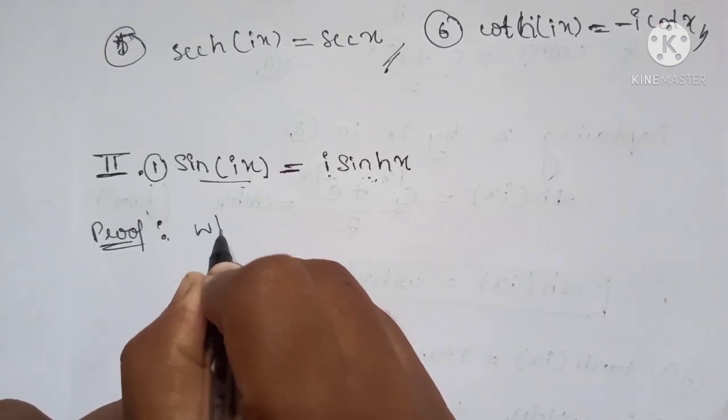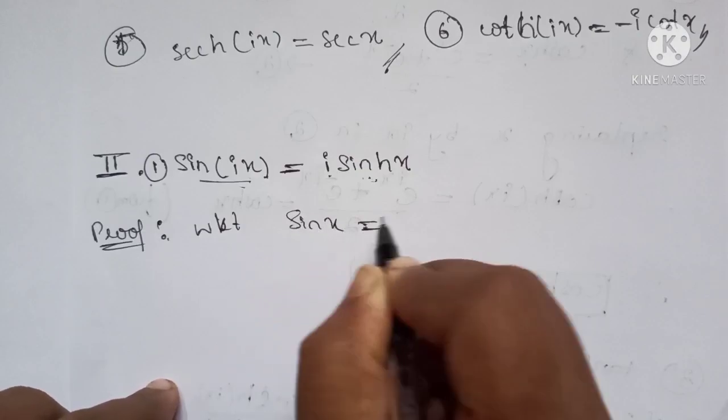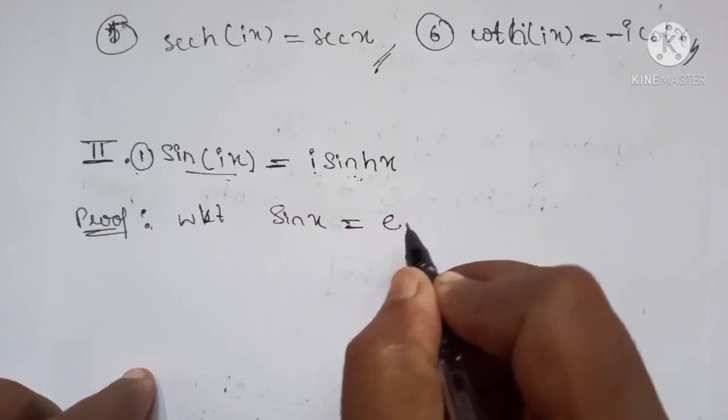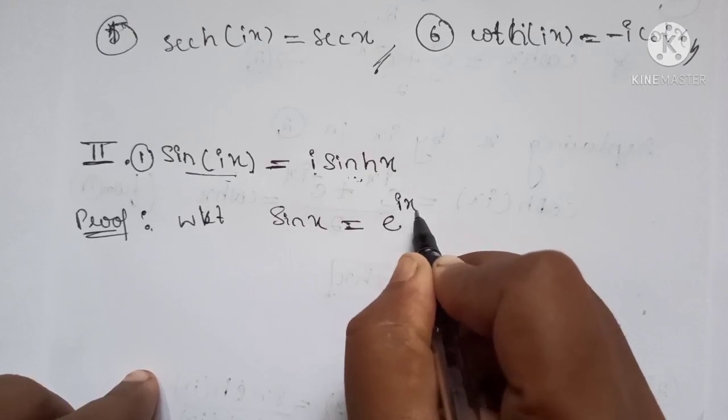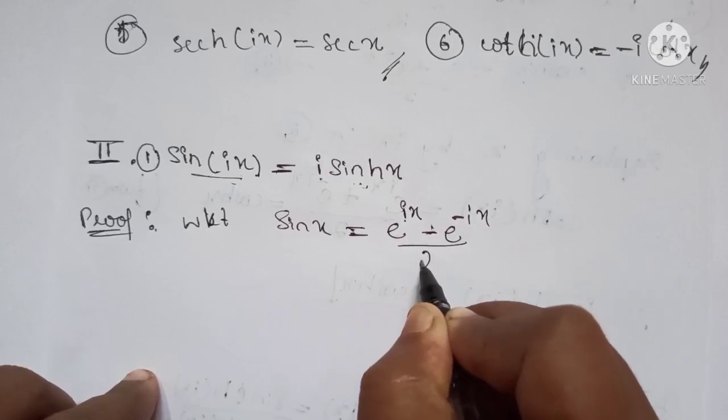we know that sin x is equal to e raised to ix minus e raised to minus ix divided by 2i.